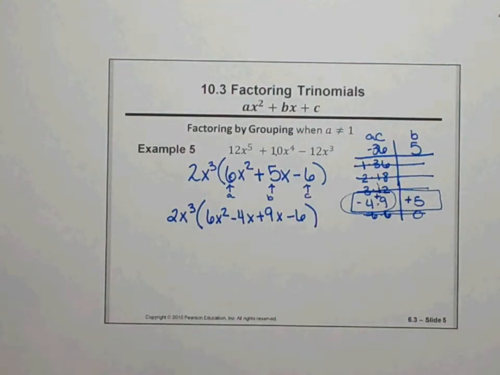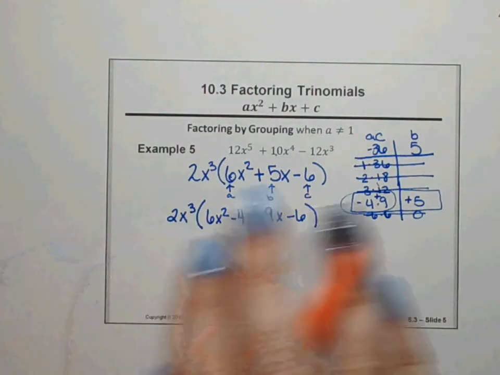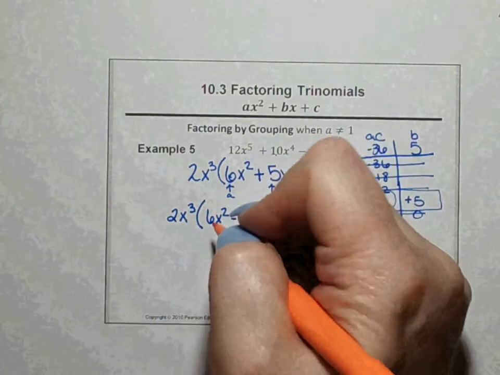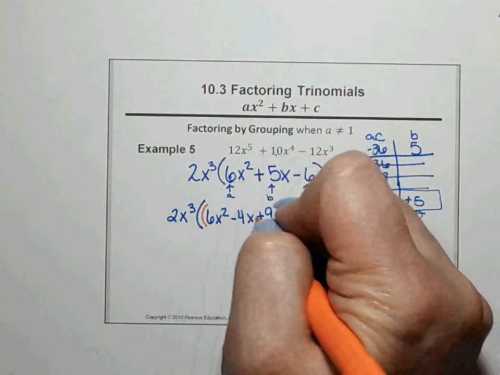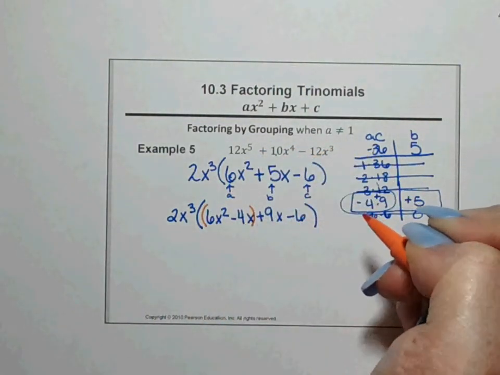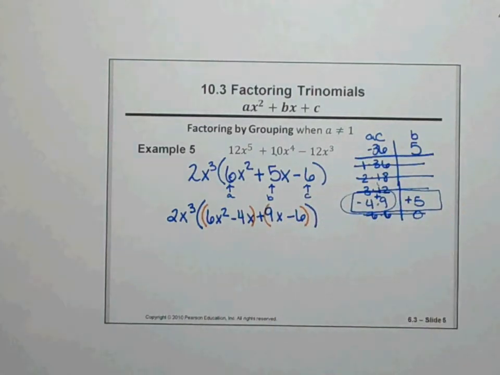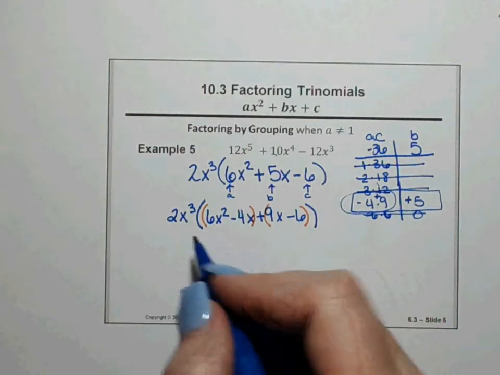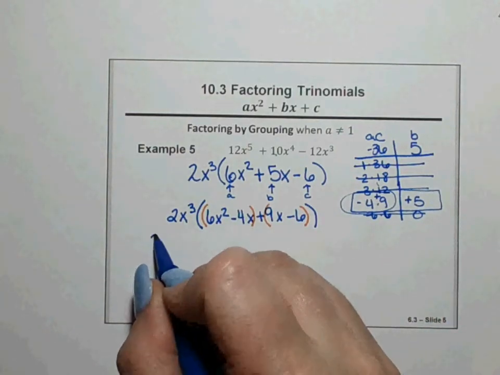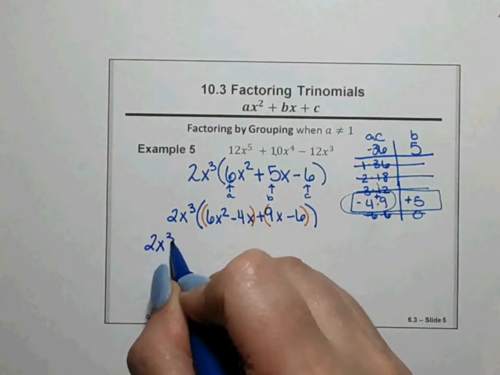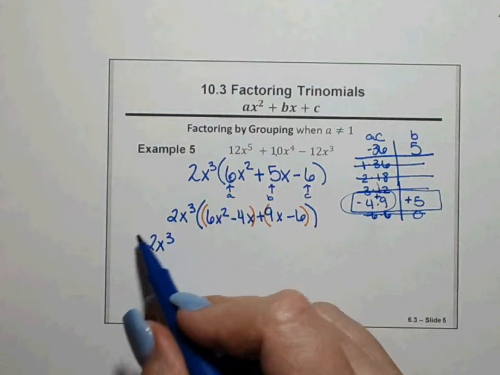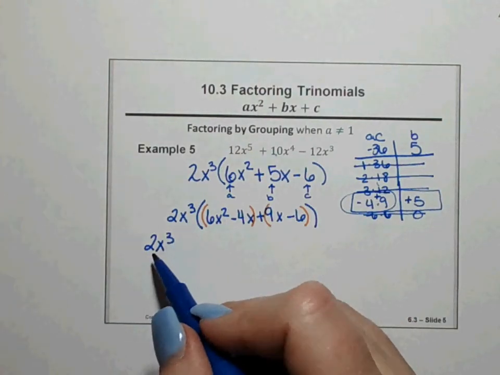And it might look confusing, but it's not any more confusing than what we've been doing, okay? So I'm still going to group together my first two terms. I'm going to group together my last two terms, okay? So I want to keep that GCF on there. Don't forget it. That's a big thing. A lot of people want to forget that and not bring it down with them.